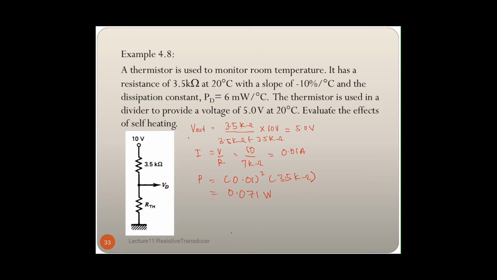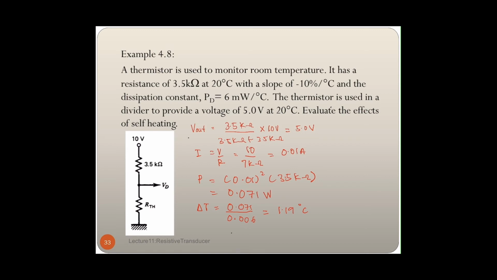So from there, we can calculate the self-heating temperature, which is 0.071 divided by the power dissipation constant, 0.06, which gives us 1.19 degrees Celsius. So this self-heating temperature tells us that the thermistor is not measuring 20 degrees Celsius, but is actually measuring 21.19 degrees Celsius.